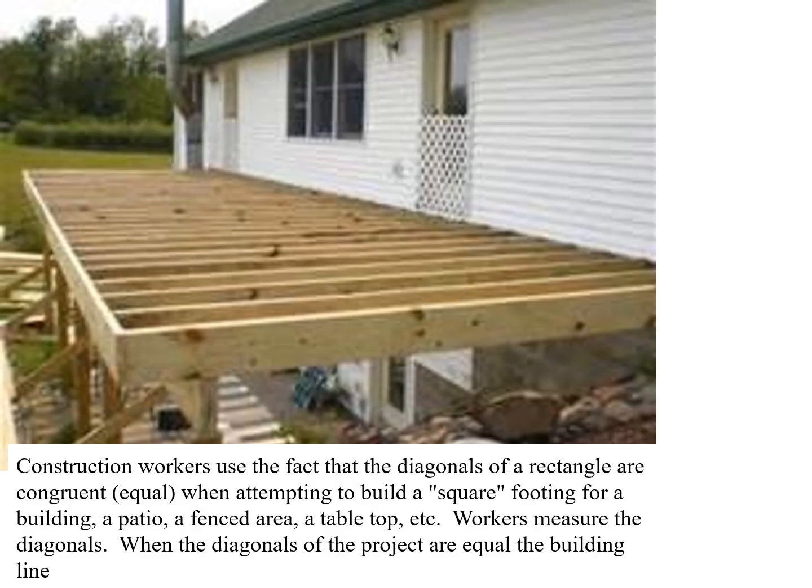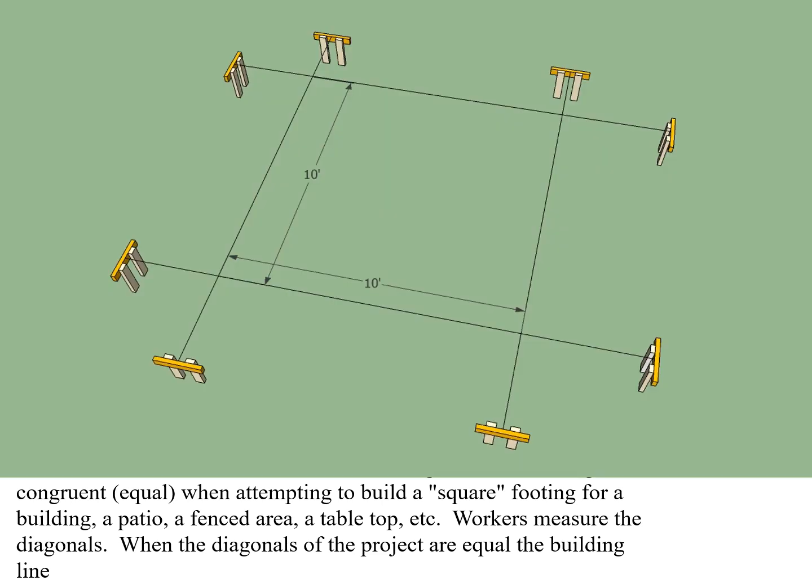But also, well, here it is. When you're building a deck or any kind of housing thing, when they go to plan it out, they usually take string and some stakes, some little sticks, and hammer them down the ground to hold the string tight, and they will measure.